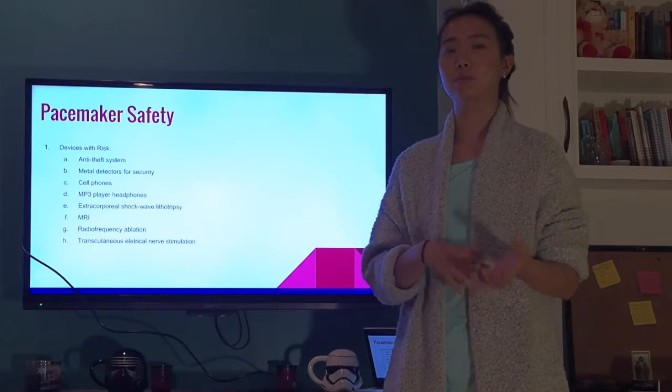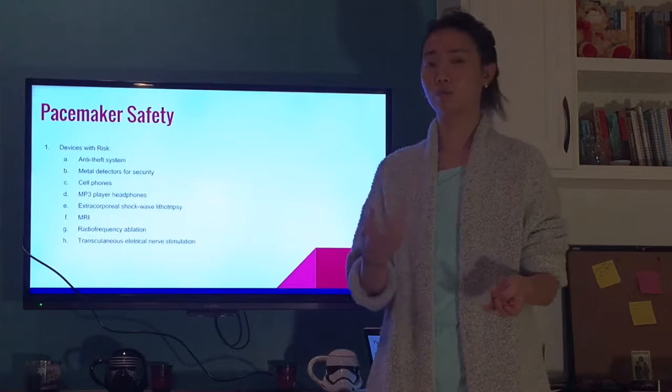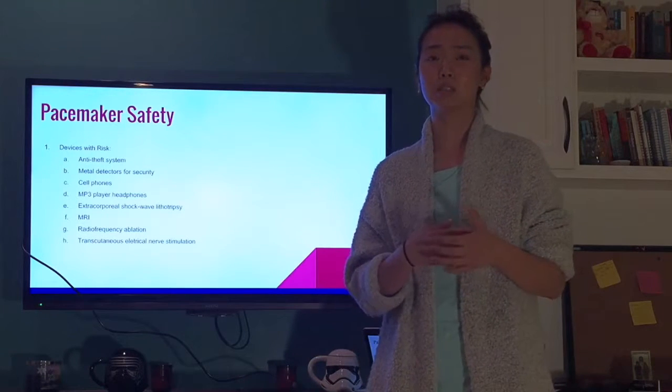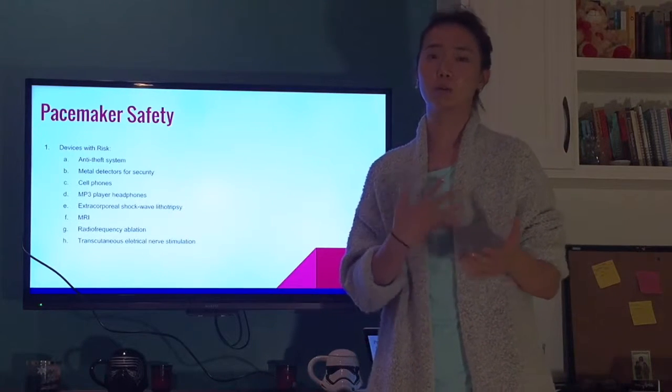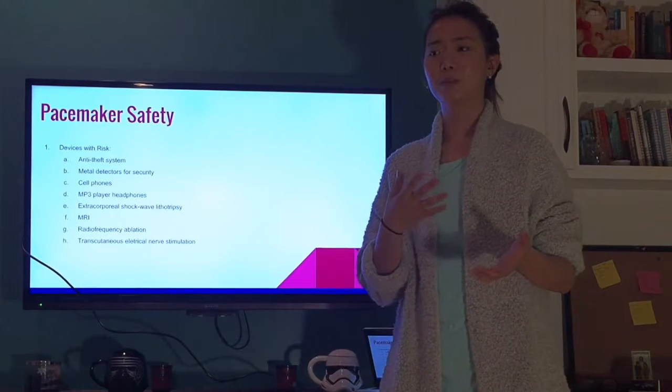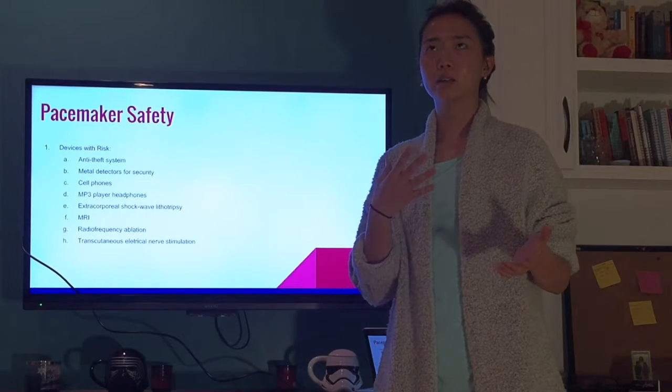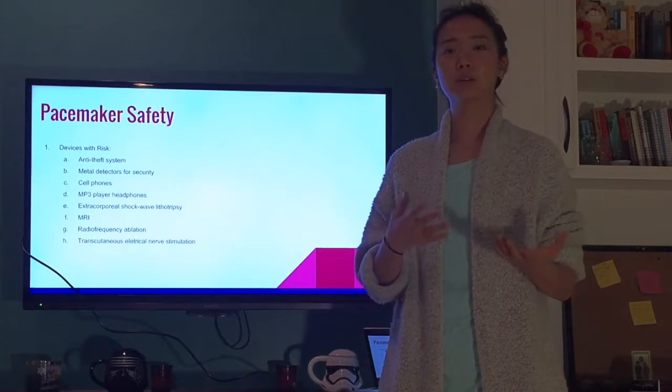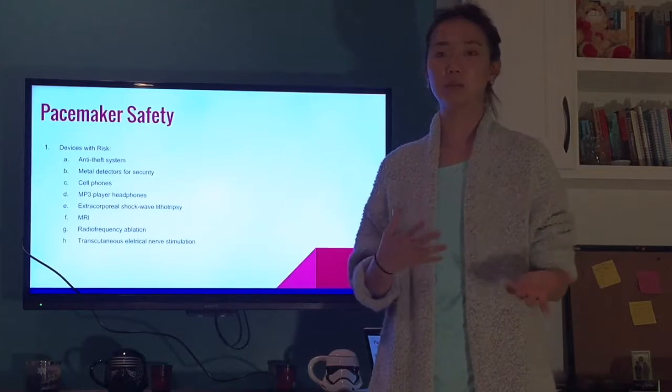A lot of the times, even something as trivial as a phone cannot be more than 6 inches close to the pacemaker, or else there was a very real danger of the tachyarrhythmia mode being turned on and off when it didn't need to be.